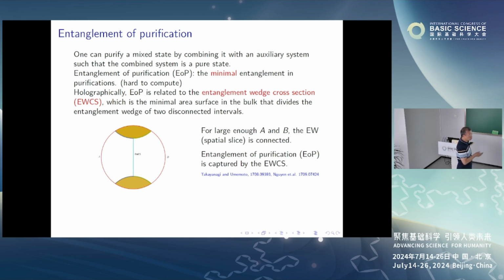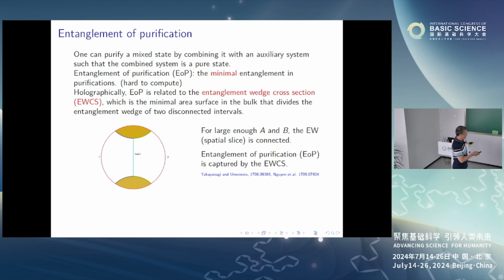It divides the wedge into two parts. You see there are many ways to divide these two parts, but the minimal one is this straight blue line, which is the minimal area surface. So that's the entanglement wedge cross-section in the AdS case.